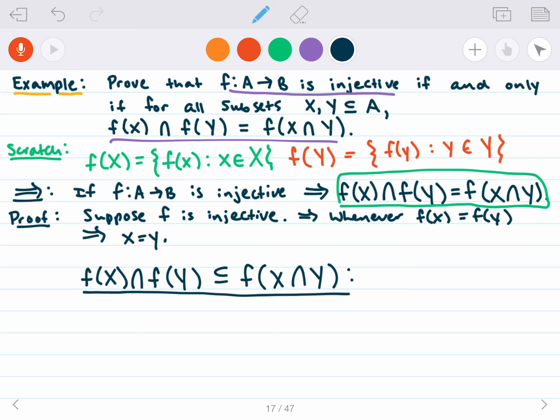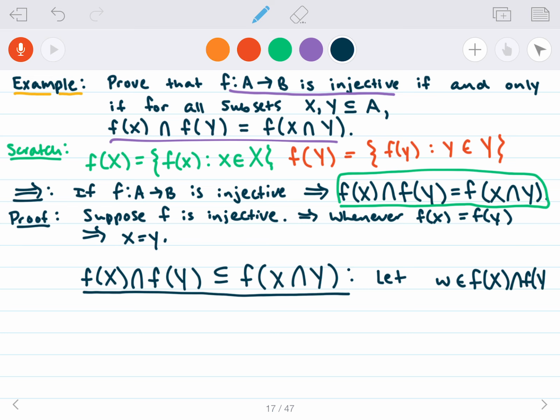We want to let something be in here and show that it ends up in here. So let w be in this intersection of sets.